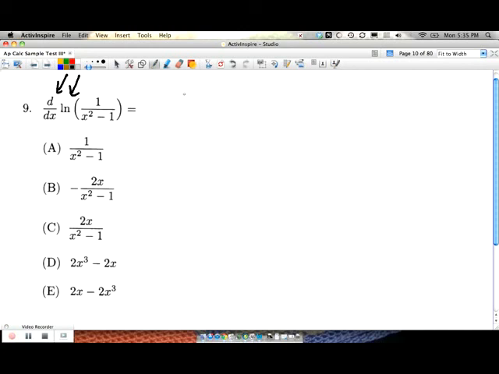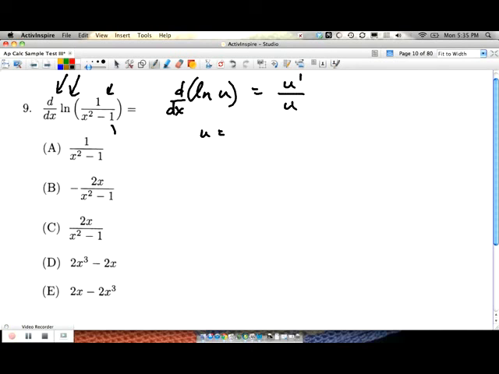Let's start with what u would be. Well, if we're taking the natural log of u and we're taking the derivative with respect to x as we are here, that's going to become u prime over u, or du over u, however you want to say it. So I need to figure out what u equals. Well, this would probably be easier if I split this up into two separate terms.